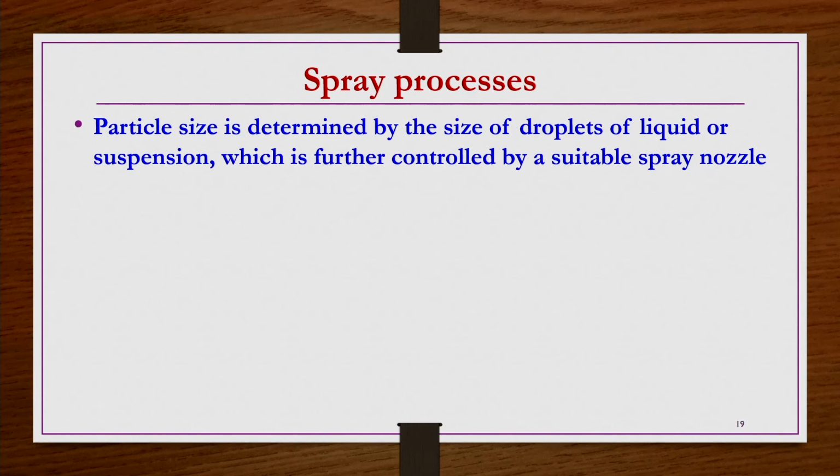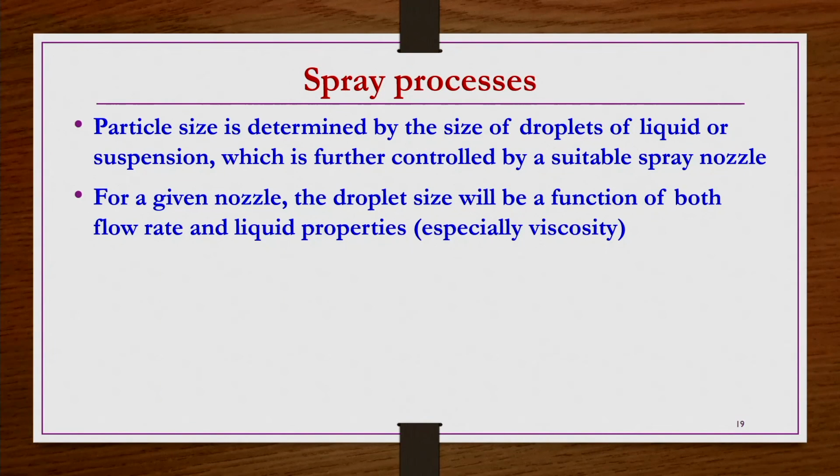Next, spray processes. In general, in spray processes, particle size is determined by the size of the droplets of liquid or suspension being used, which is further controlled by a suitable spray nozzle. Depending on the spray nozzle, the size of the droplet will vary, and depending on the size of the droplet, the granule size will be determined. How big a granule are you going to get?